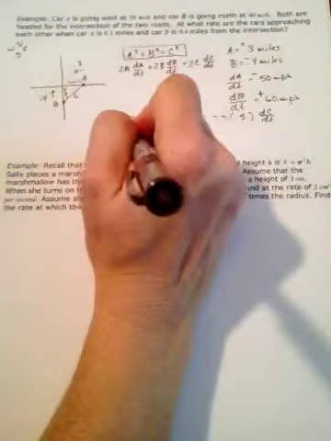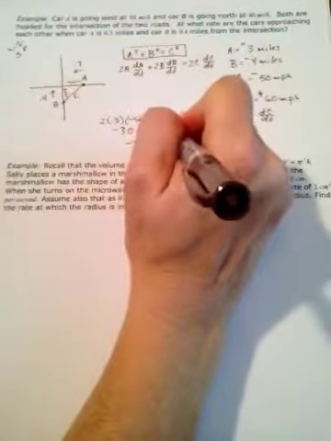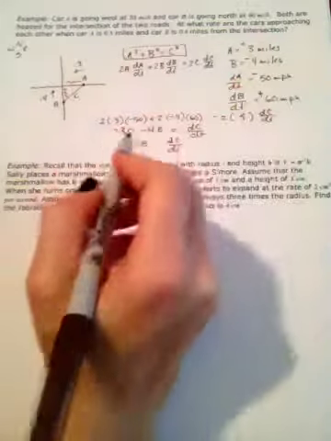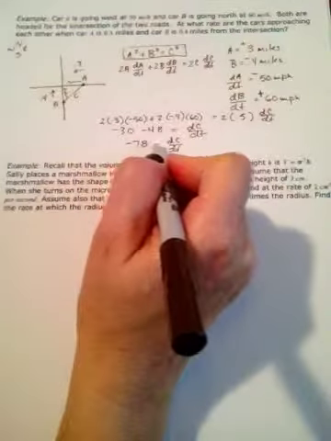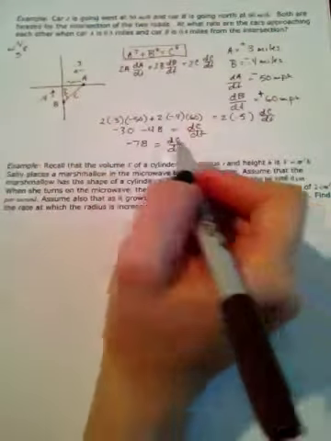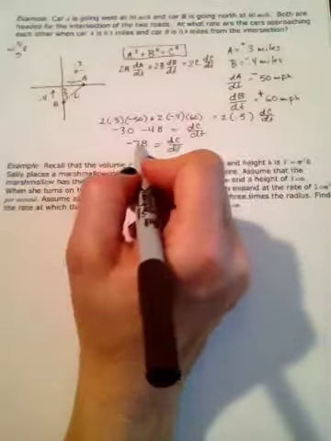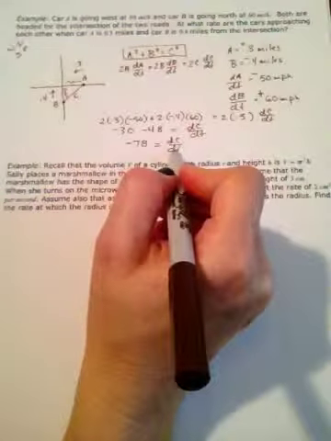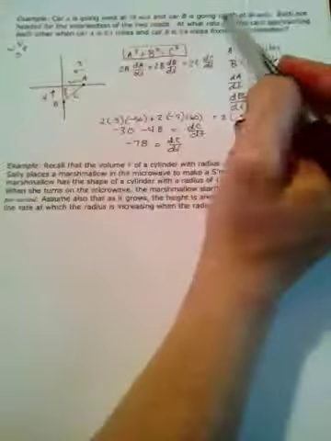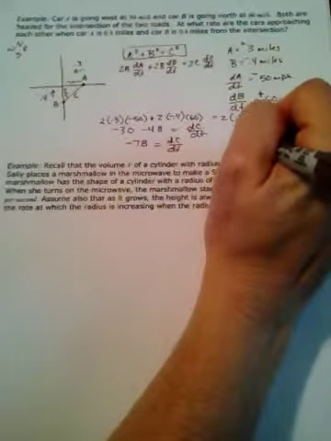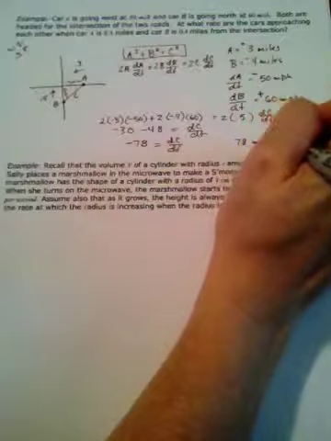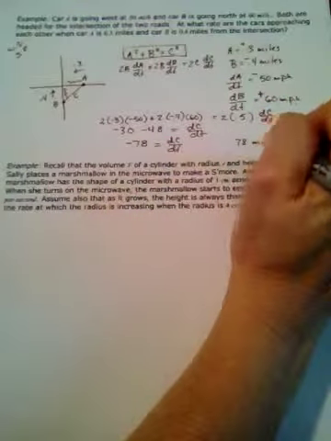And this is a negative 78 dC dt. It's negative because this distance is decreasing. So that makes sense that it's a negative, and you do need units on this. C would be measured in miles, so miles per hour. So it says, at what rate are the cars approaching each other? At a rate of 78 miles per hour. And I'll do the next problem in the next video.